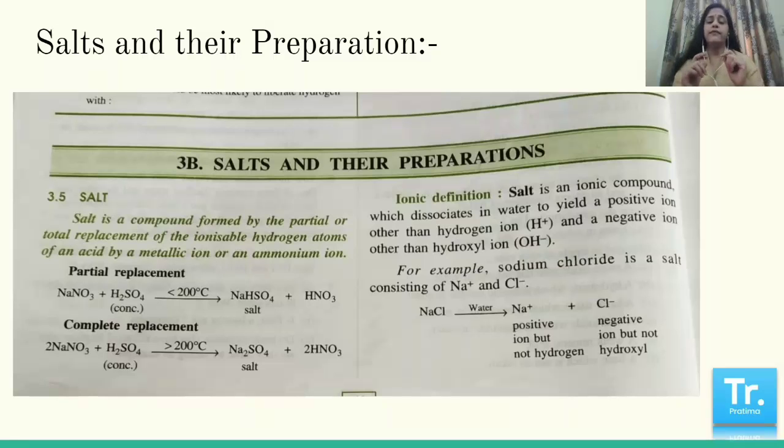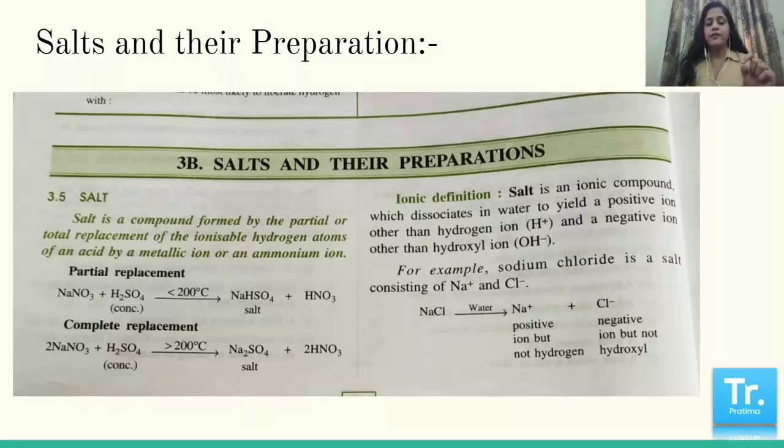So basically, if you have gone through the video on bases and acids, in the definition itself with example also, I've told you how a salt is prepared only when the acid and base react. The product is salt and water only, and the composition of a base and an acid.